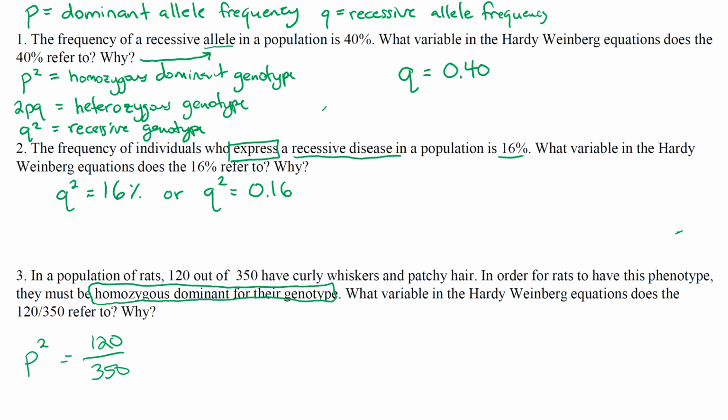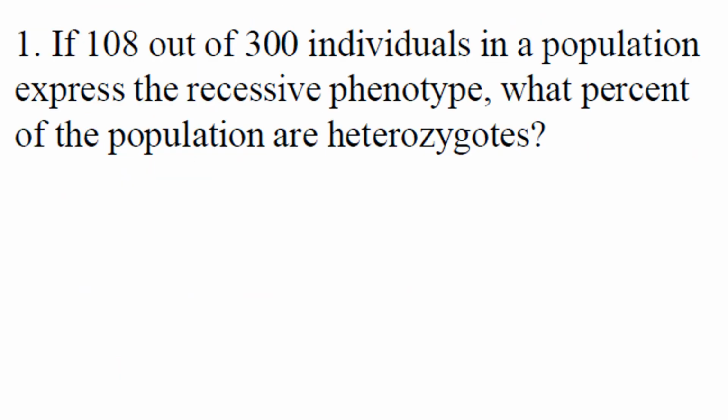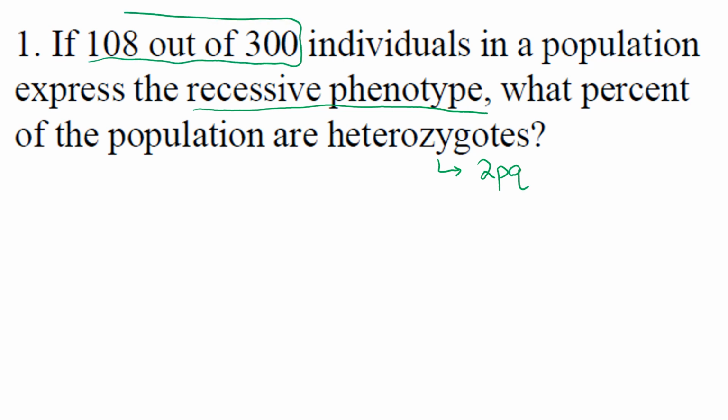Let's continue. If 108 out of 300 individuals in a population express the recessive phenotype, okay, which means that they obviously will have the recessive genotype, what percent of the population are heterozygous? So this number represents my q squared.